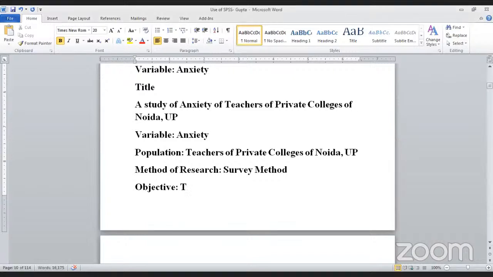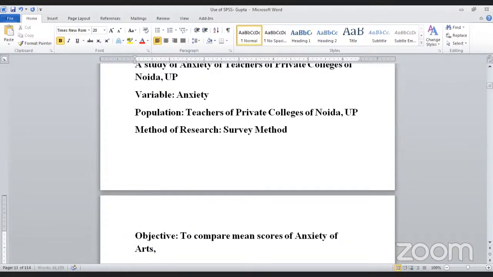The objective is to compare mean scores of anxiety of arts, science, and commerce teachers. So I have taken the three groups as arts, science, and commerce.